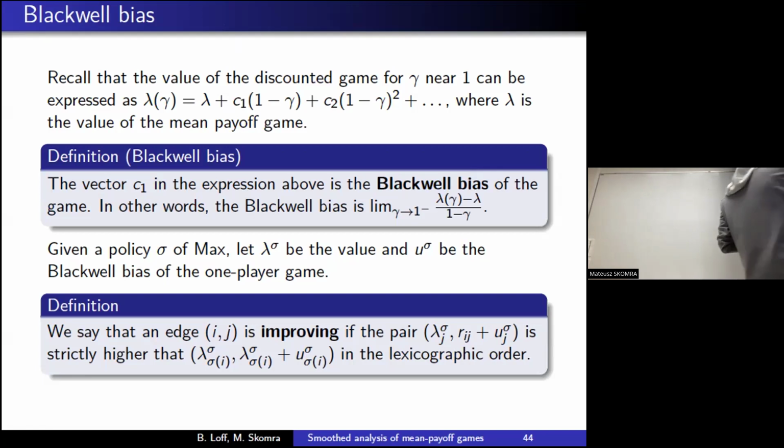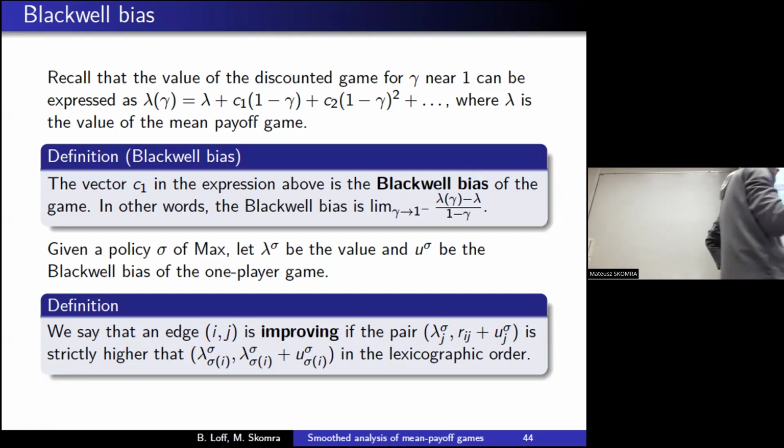There is some linear program that will give you this Blackwell bias for one player, and since we are in the deterministic case, it's probably much faster. In the stochastic case, there is a linear program that will give you this. In the deterministic case, it has to be faster, but I forgot to check how to do this. So you compute both the value and the Blackwell bias.